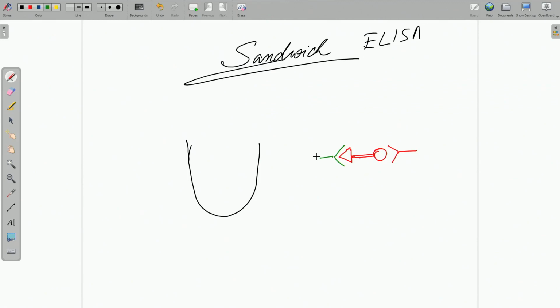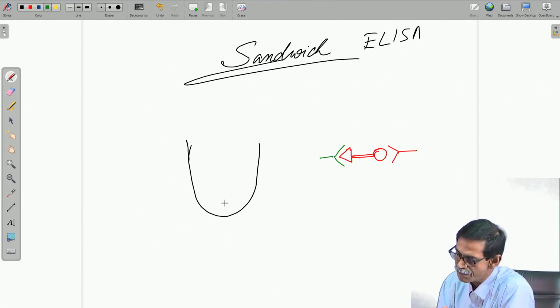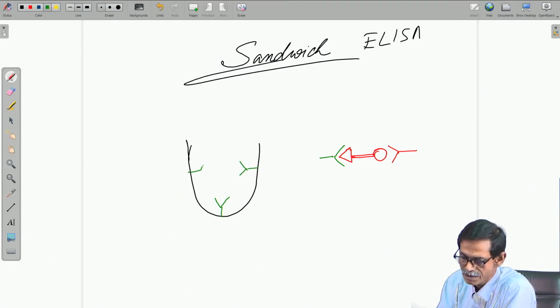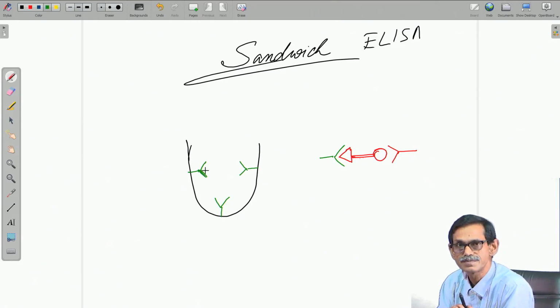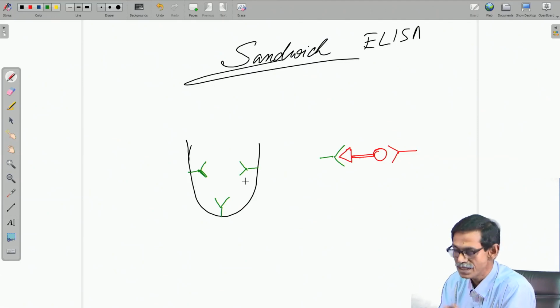That is the sandwich. How? First, suppose I use this green antibody. I immobilize it everywhere. Since antibodies are also proteins, if you coat them they will immobilize there, then you add the antigen.